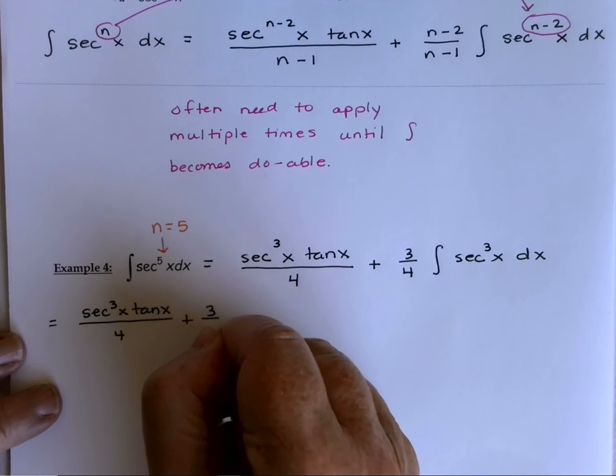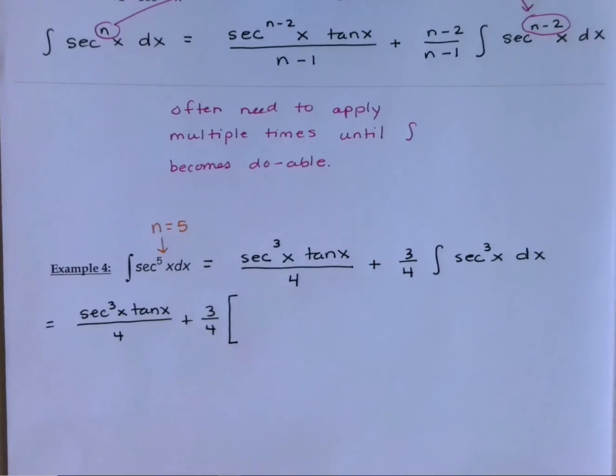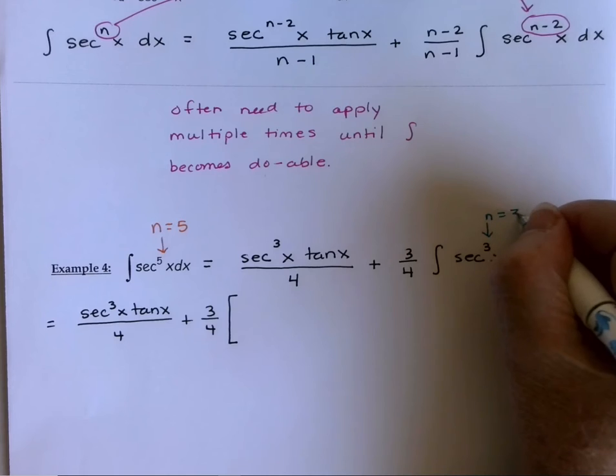And then I'm going to have 3/4 times, and I'm now going to do another reduction formula, but this time with n of 3.